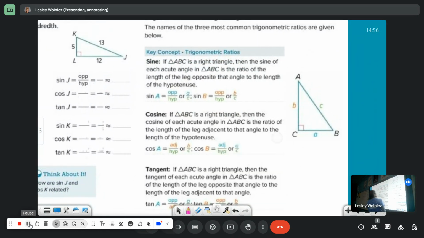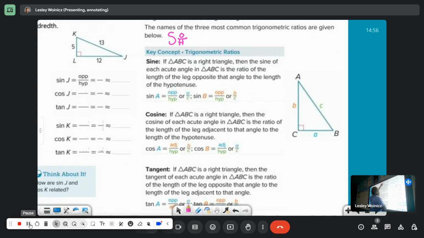This might help you guys out. Have you guys ever heard of SOHCAHTOA? SOHCAHTOA is just a little acronym or memory device to help you remember which ratios are which. So this is the first thing you're going to write down. Sine is the opposite over the hypotenuse.